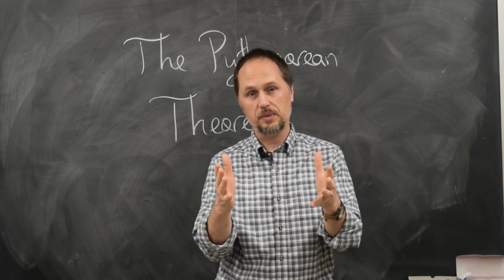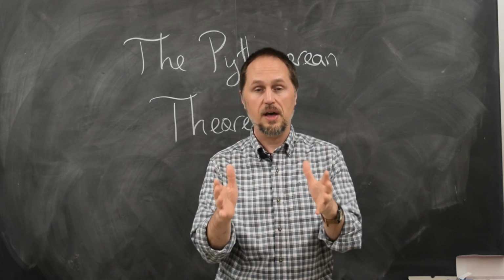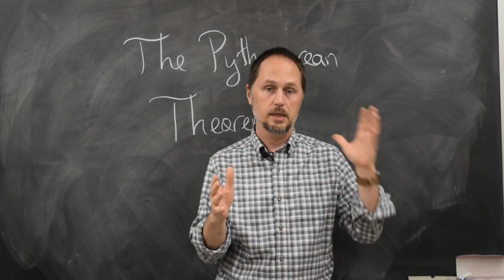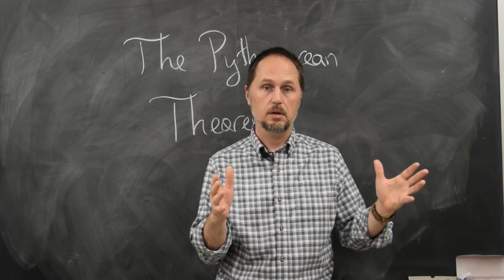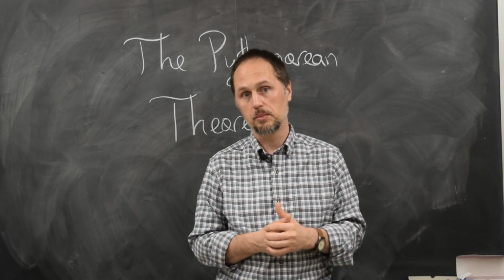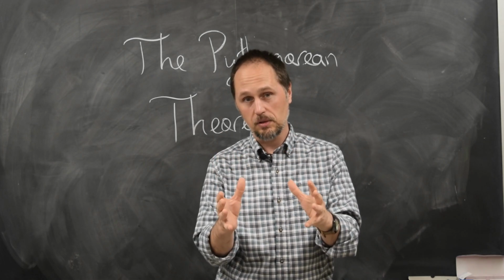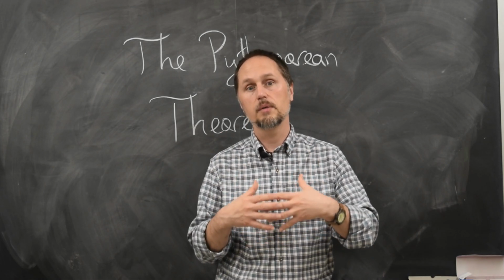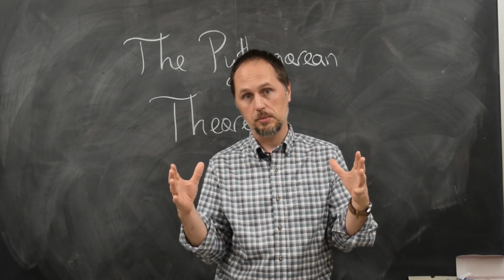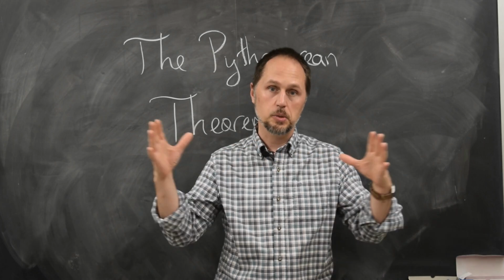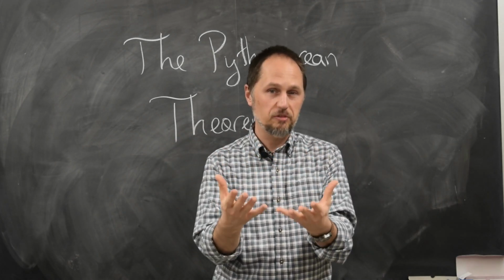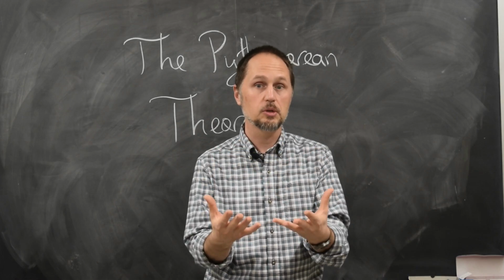Now let me point out something very important, and that is that the Pythagorean theorem is a theorem of Euclidean geometry. It is not a theorem of hyperbolic geometry. It's only true in Euclidean geometry, and at some fundamental level, it is telling you about the homogeneity of Euclidean geometry and the fact that triangles at all scales look the same, which is what we've been thinking about when we talk about similar triangles.